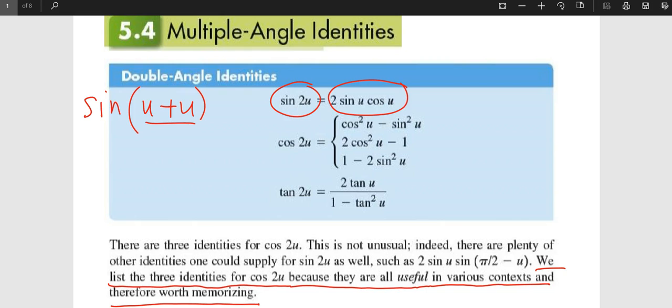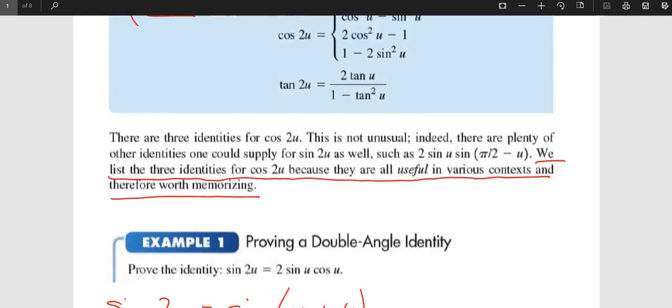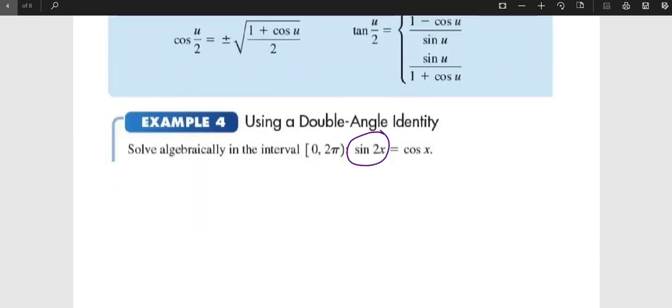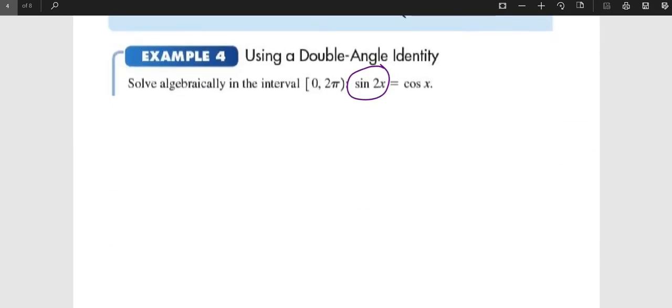Cosine double angle had 2 or 3 different choices, but sine did not. So we should have 2 sine x cosine x. So if we go down in our notes, we should have 2 sine x cosine x. So we replaced this with that.